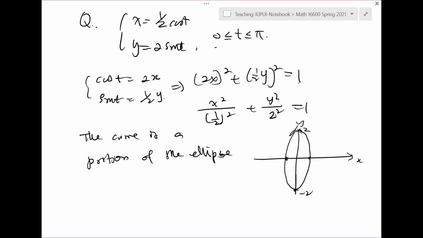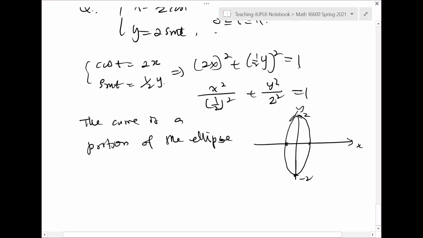And then how do you draw the graph? Okay, so you pick some cut points, right? For t, I want to see where it is.